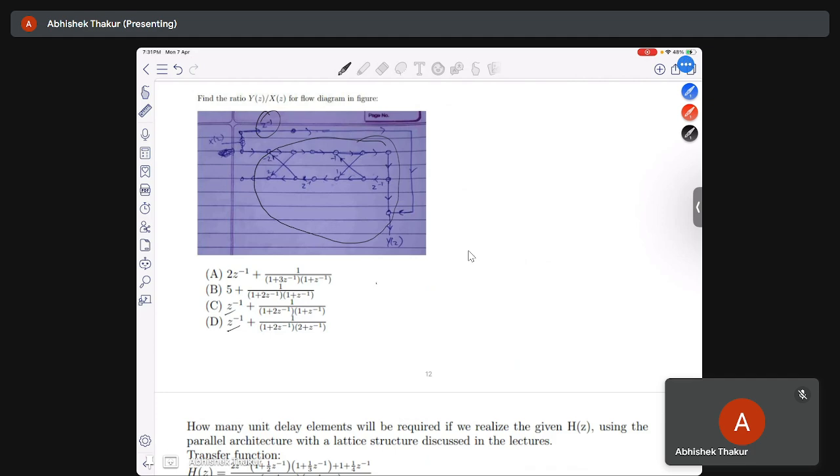So our H(z), that is equal to Y(z) divided by X(z), is equal to z inverse plus 1 by 1 plus 2 z inverse multiplied with 1 plus z inverse. So option C is the correct answer for this question.